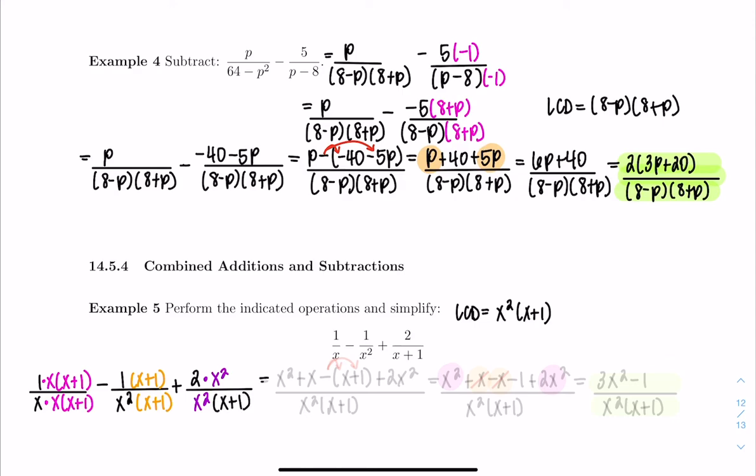And so let's simplify this a little bit. The first fraction is going to become x squared plus x. And then I have the minus x plus 1 and plus 2x squared. And this whole thing is all over your LCD.